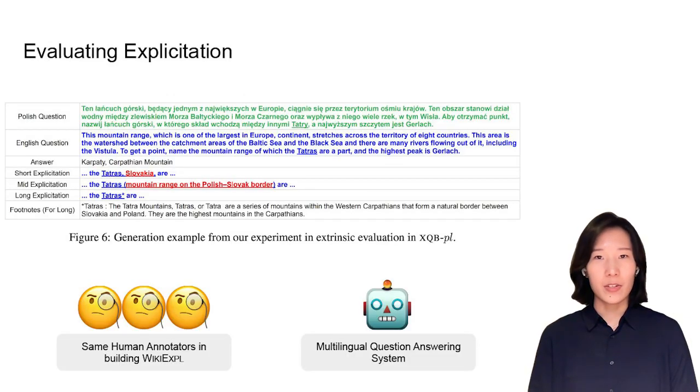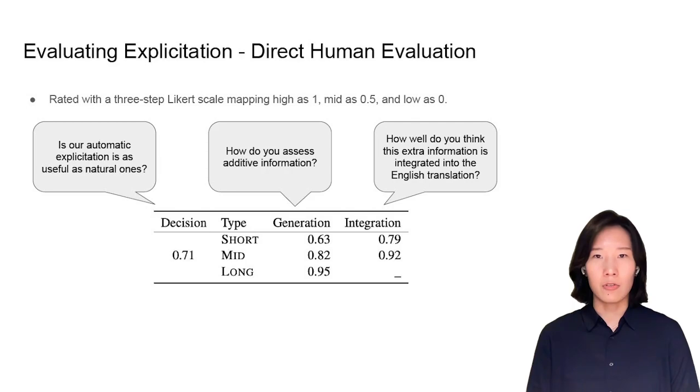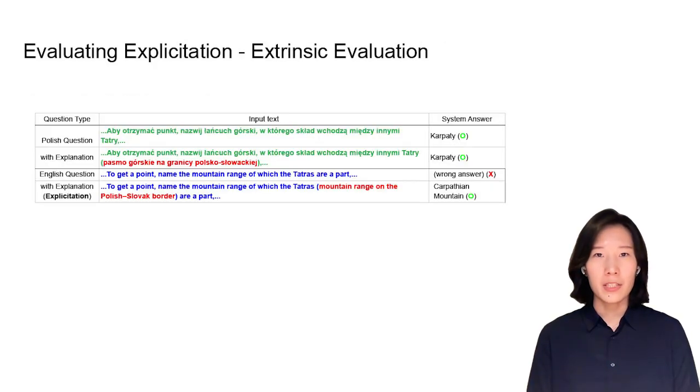Finally, we test whether our explicitations are useful through direct human evaluation and also extrinsic automatic evaluation using a multilingual question answering system. Human annotators evaluate automatic explicitation on three aspects: decision, generation, and integration. 70% of automated explicitations are marked as valid decisions. We also use a multilingual QA framework to evaluate our automated explicitation.